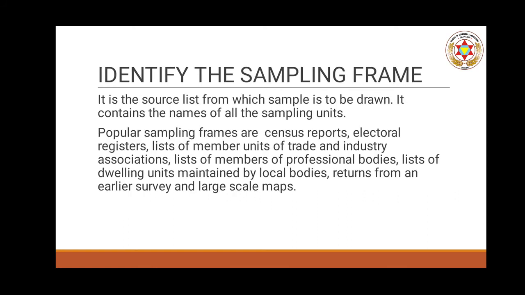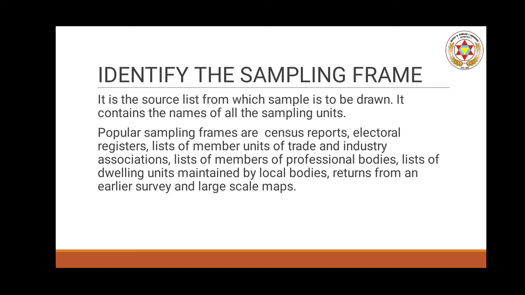Now, the next stage is to identify the sampling frame. The sampling frame is the source list from which the sample is to be drawn, and it contains the names of all the sampling units. Mainly the sampling frames could be the census report, the electoral registers, or the list of members of trade and industry associations.